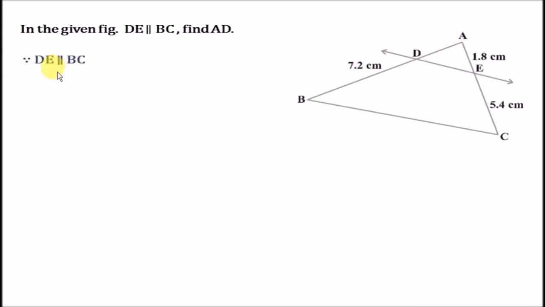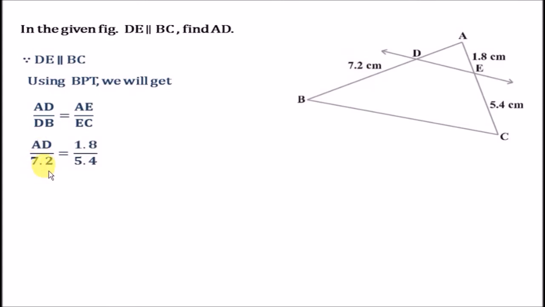Since it is given that DE is parallel to BC, using BPT, we will get the ratio of the two sides equal. That is, AD by DB equals AE by EC. On putting the values, AD by 7.2 equals 1.8 divided by 5.4.